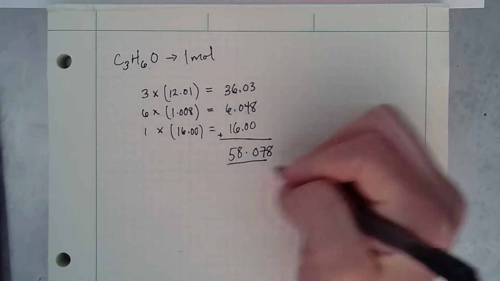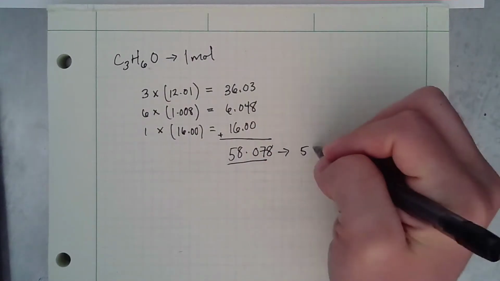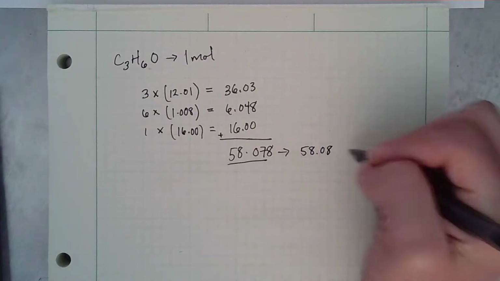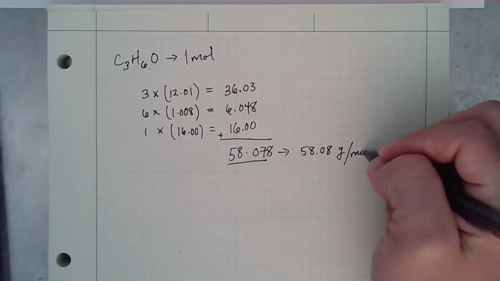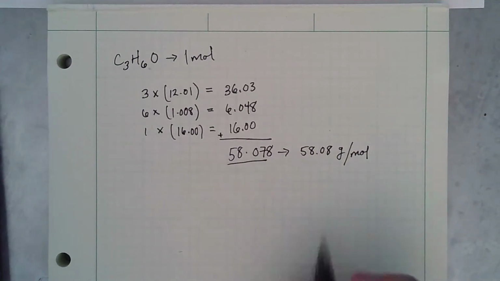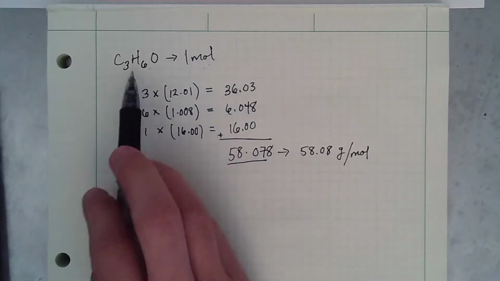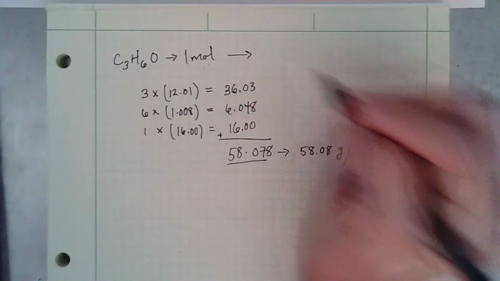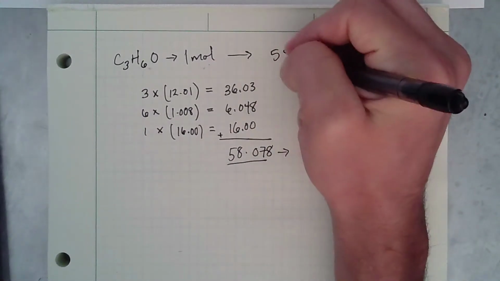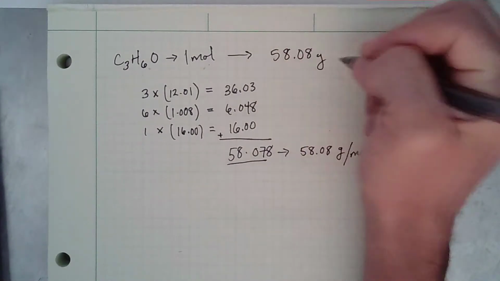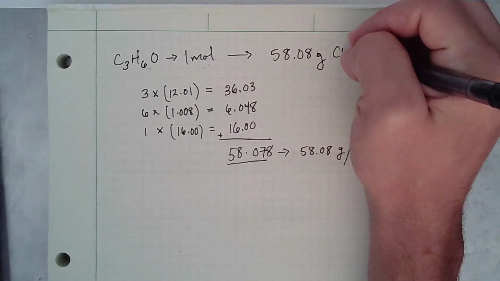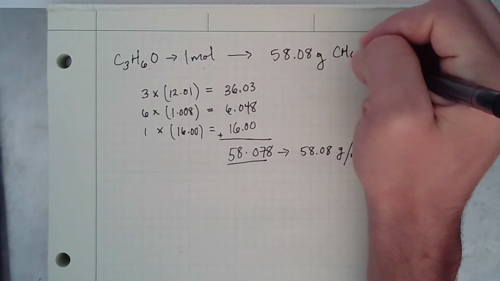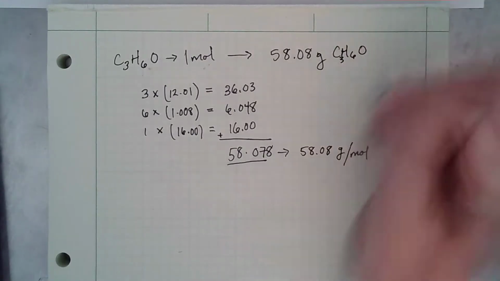The number that I'm actually going to use here is 58.08, and this is grams per mole. Because we're assuming that we have 1 mole of this substance, that means that we have 58.08 grams of ethanol, or sorry, acetone.